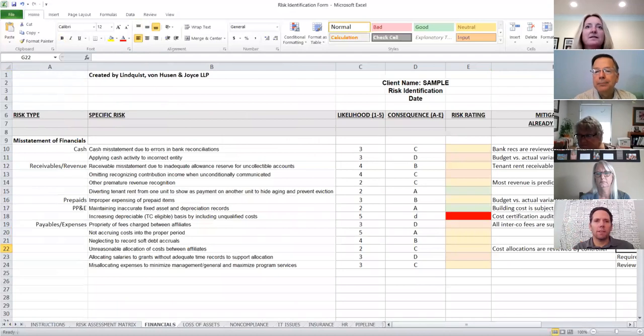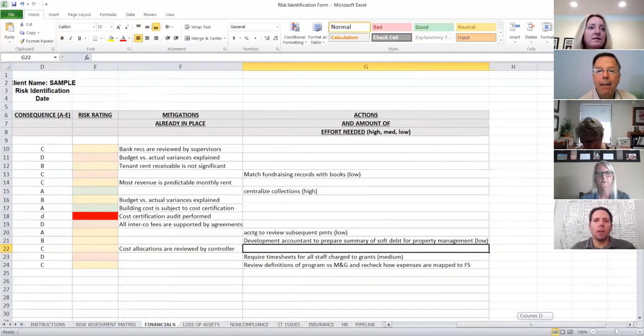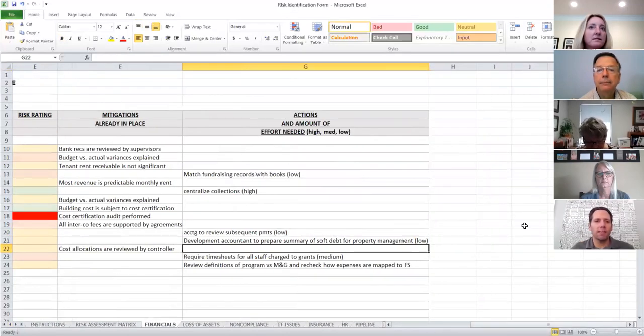Okay, Brian? This is Brian. This kind of goes back to what you said at the outset. It'd be good to have a heading or a column that indicates which department or which individual would be responsible for that particular risk mitigation. And maybe a feature could be added that identifies the next steps.